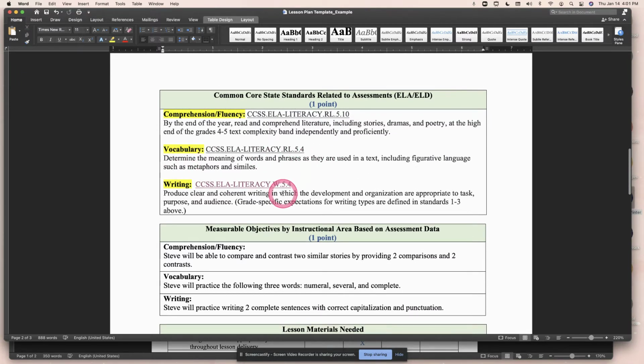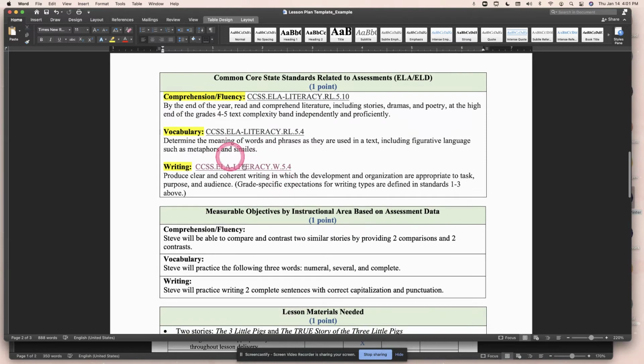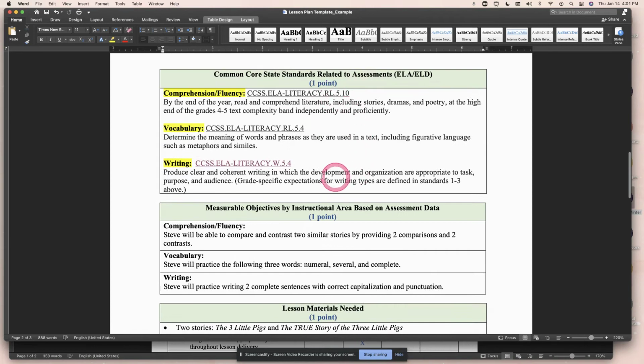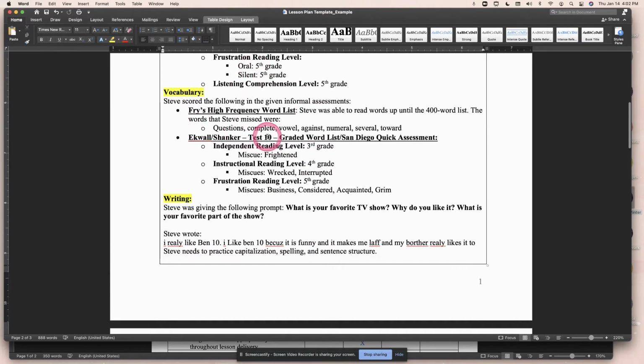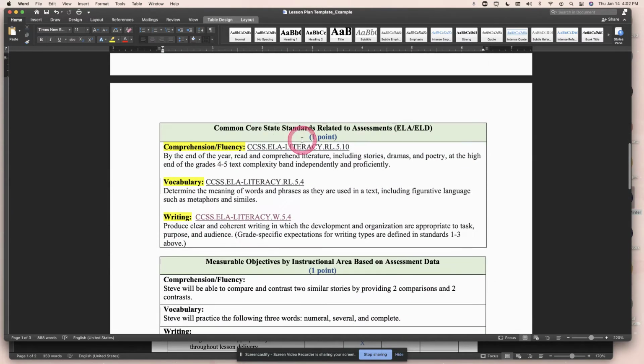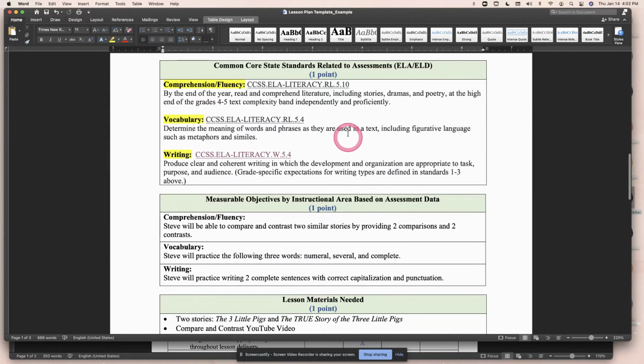I picked those grade level standards, and I related these to my assessments. I looked at the need of my student, then I looked at what they need to know, and based off of this comprehension test, vocabulary, and writing test, now I'm making those standards and finding them as appropriately as I can.